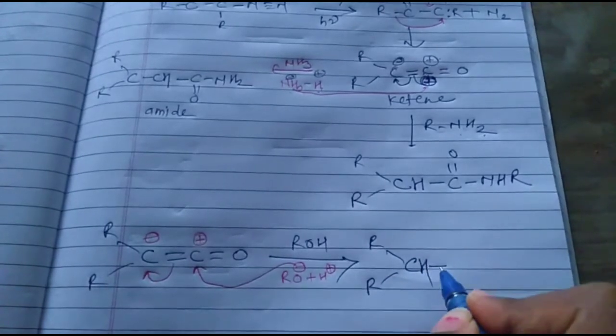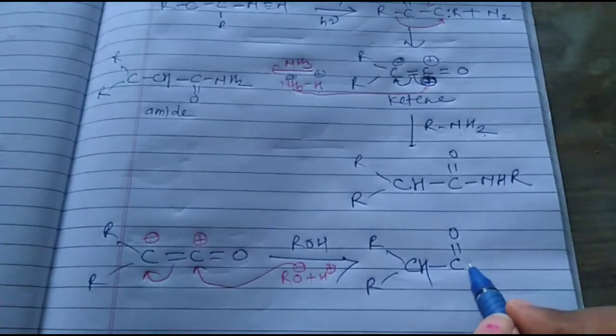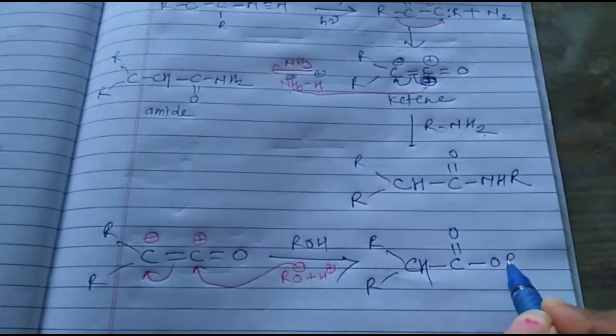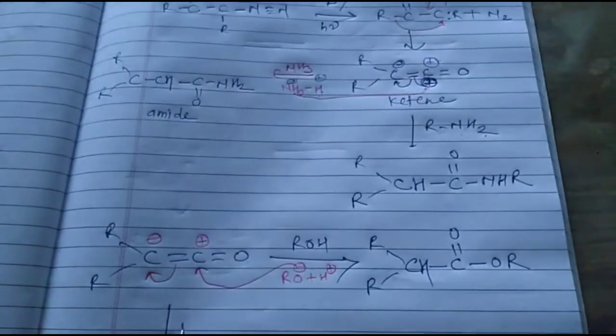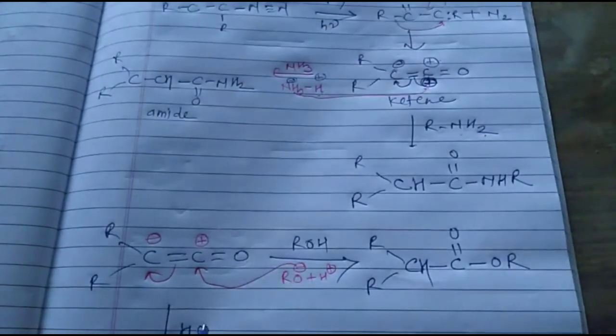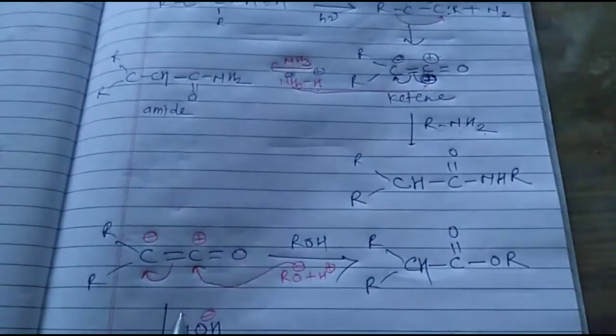There is a formation of R R C H. Then this C has a carbonyl, and this is attached to OR. There is a formation of an ester compound. Next, whenever it is reacted with the water molecule HOH, there is a formation of OH minus and H plus.